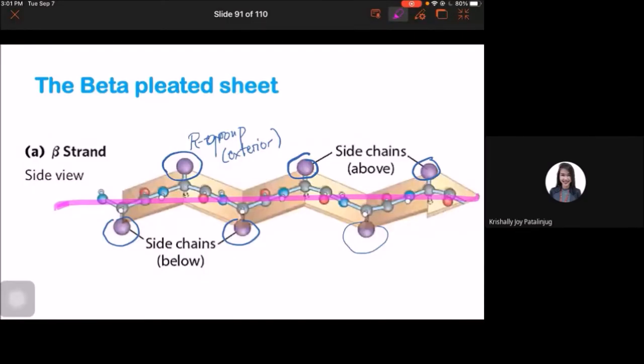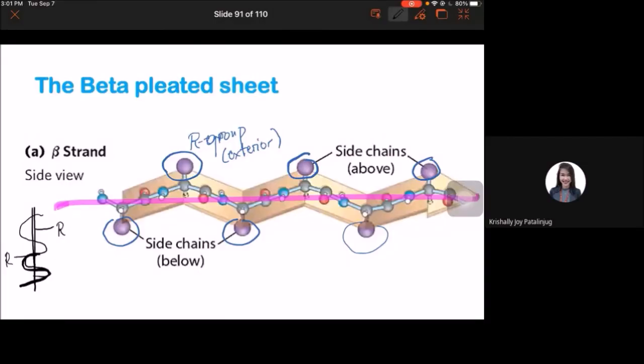Okay? Kung sa alpha helix, di ba, ang axis of rotation is vertical. The R groups nasa exterior. So, ang alignment dyan, perpendicular. Sa alpha helix, R group towards the axis of rotation.